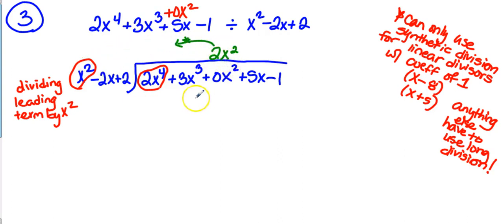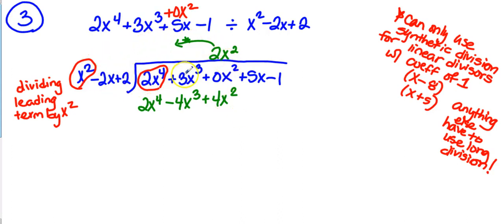2x squared times x squared is 2x to the 4th. 2x squared times negative 2x is a negative 4x cubed. And then 2x squared times positive 2 is a positive 4x squared.